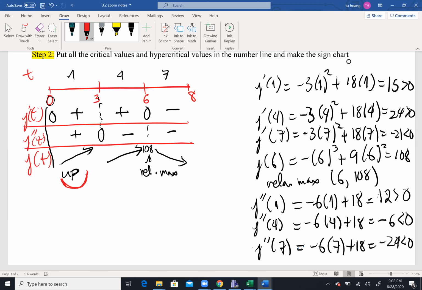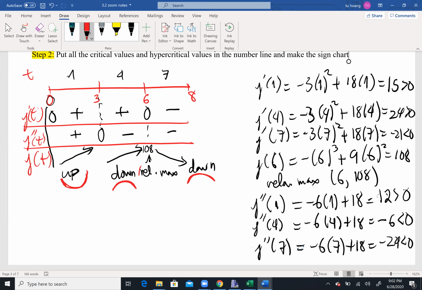And for the negative, it's going to be down, and then I'm going to draw it as down. And from 6 to 8 it also keeps going down.